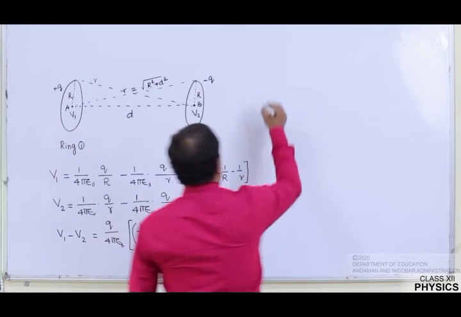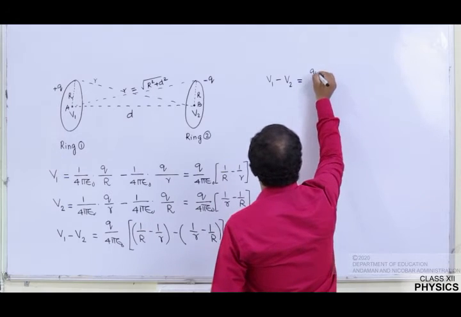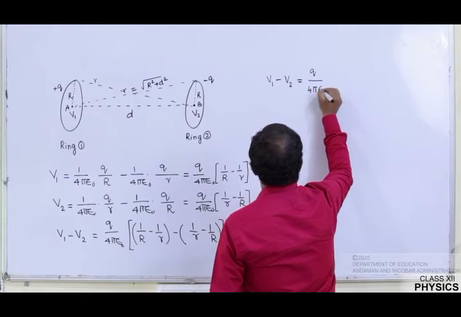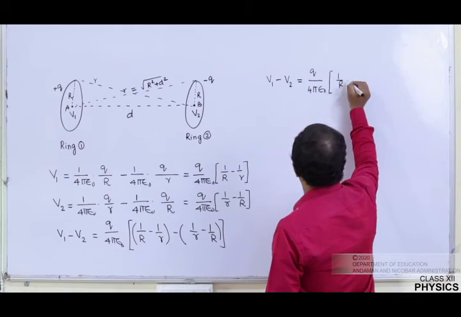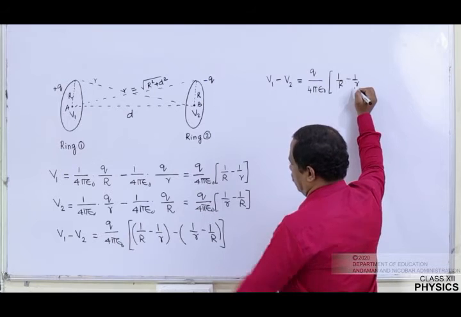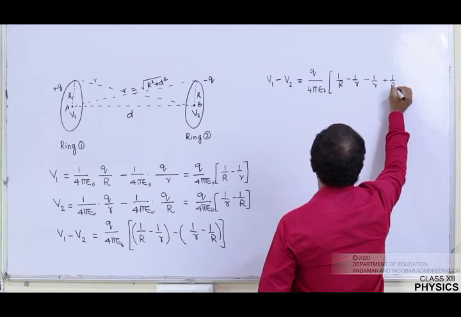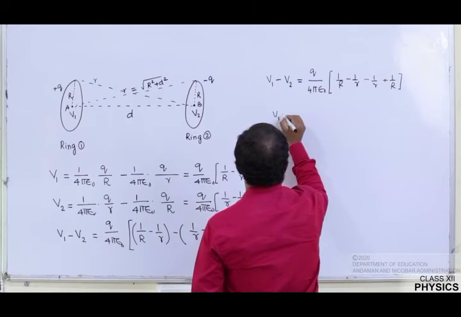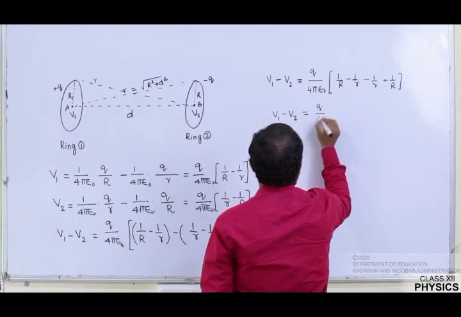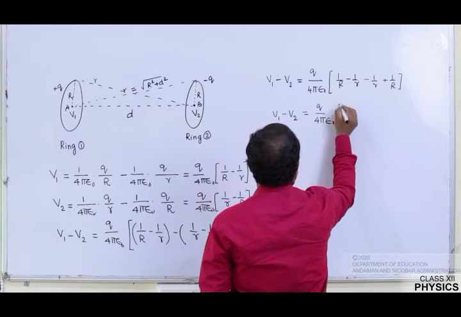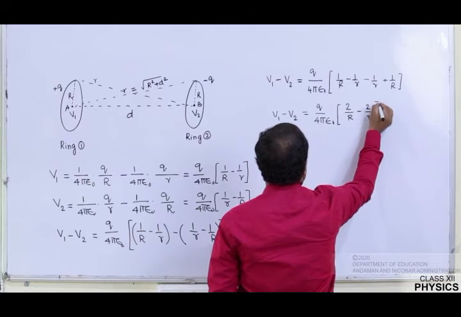When I work out this expression, I get V1 minus V2 equal to Q by 4 pi epsilon naught into 1 by R minus 1 by small r minus 1 by small r plus 1 by capital R, and this works out to be the potential difference between the centers of the two charged rings. V1 minus V2 will be Q by 4 pi epsilon naught into 2 by capital R minus 2 by small r.